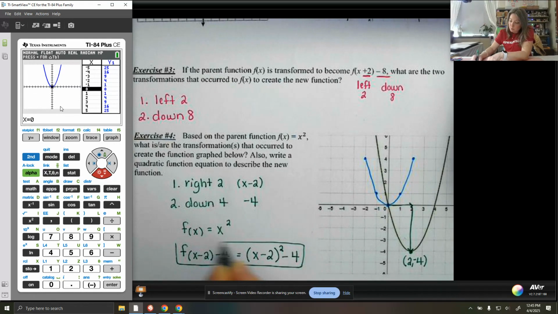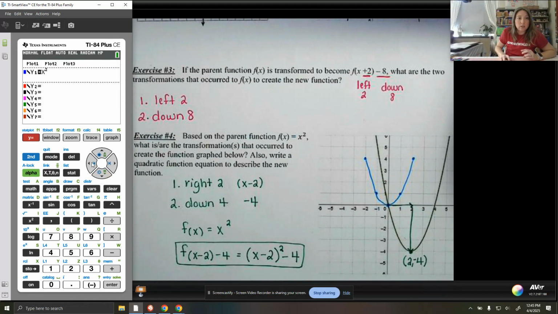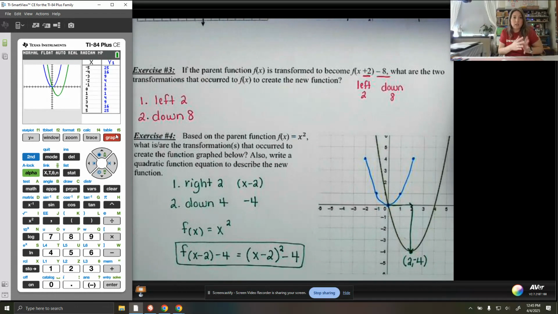But what I'm going to do is just verify that in my graphing calculator. So I'm going down to Y5 to keep my color consistency, but I'm going to check to see if x minus 2 in parentheses squared minus 4 at the end really does give me going right 2 and down 4 for my new parabola.